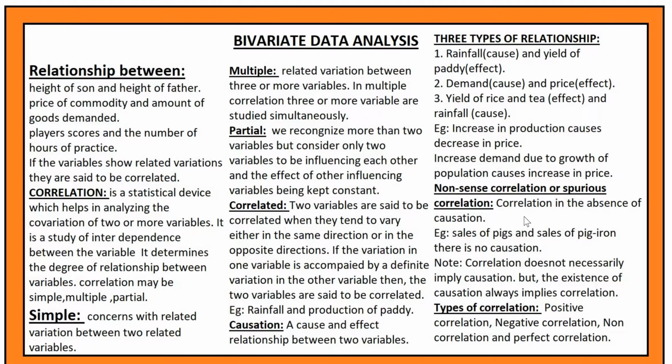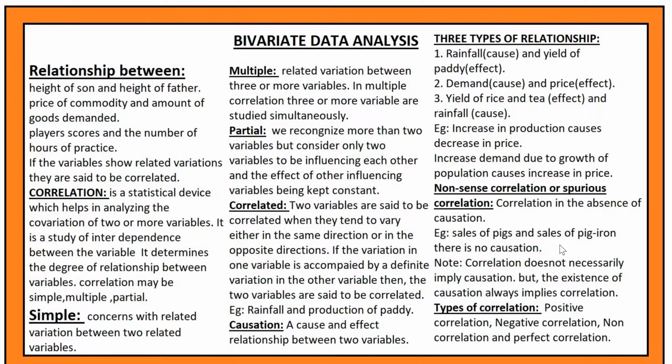See, sales of pigs and sales of pig iron are not at all related. Pig, you know, is an animal. Pig iron, you know, is a metal. So these are not at all related. There is no causation. This type is called nonsense correlation or spurious correlation.